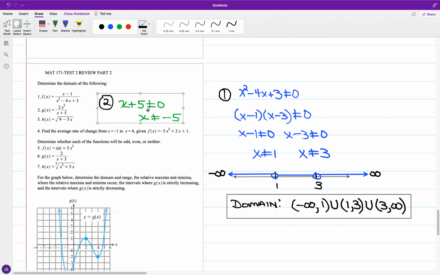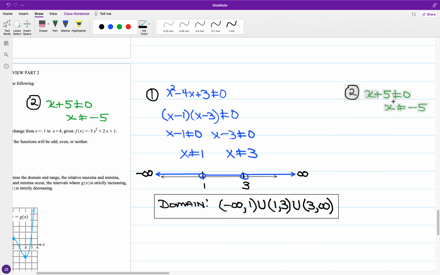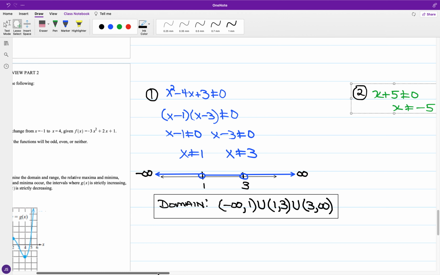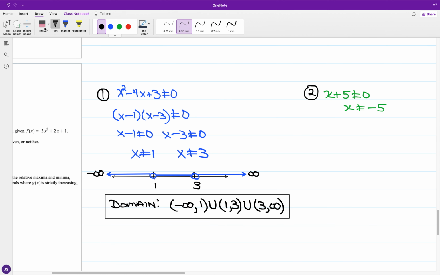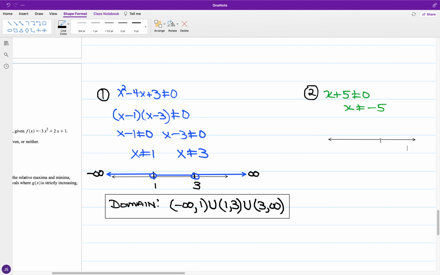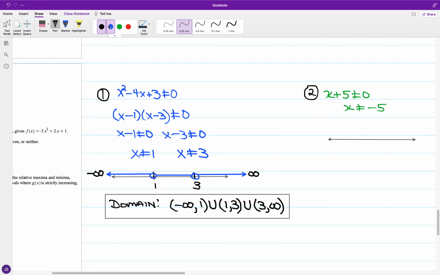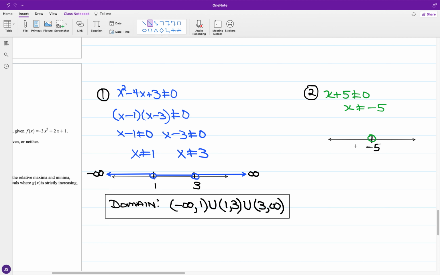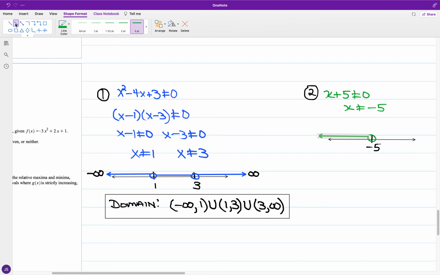Looking at the domain, there is only one exclusion, and that being negative 5. So you have negative 5 left out. You have values less than, along with values greater than negative 5.